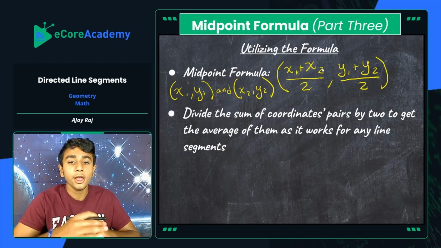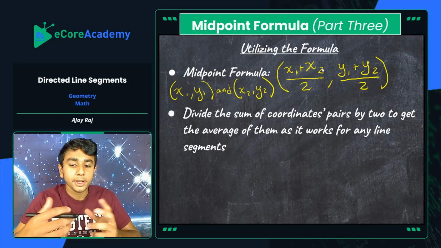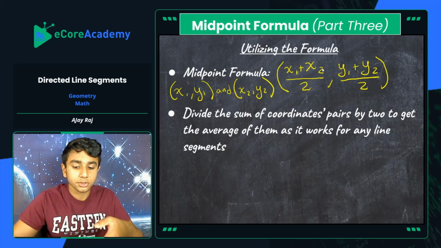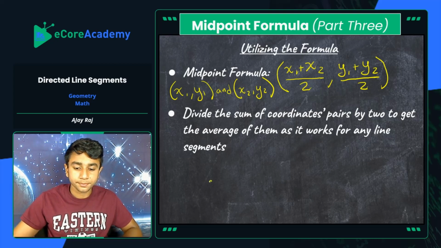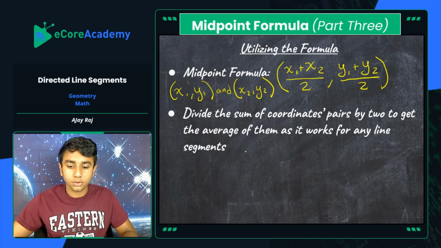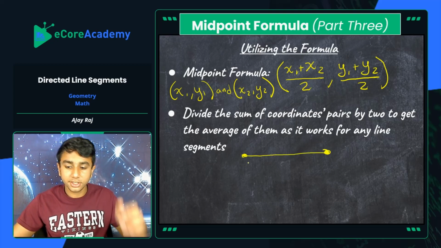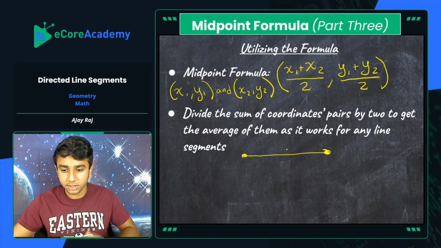Like I said before, you don't necessarily only need to use this for diagonal lines. You can also apply this to horizontal and vertical lines. However, it's just much more inefficient in doing so. So I'll give you a little example here. I'll draw this line segment out here. Let's say this is on a slight incline and it's not a horizontal line.